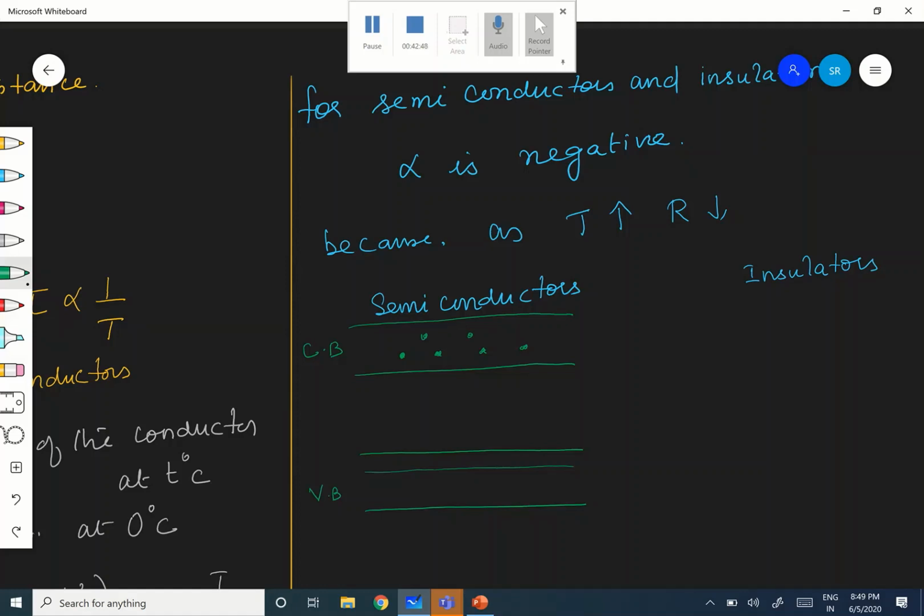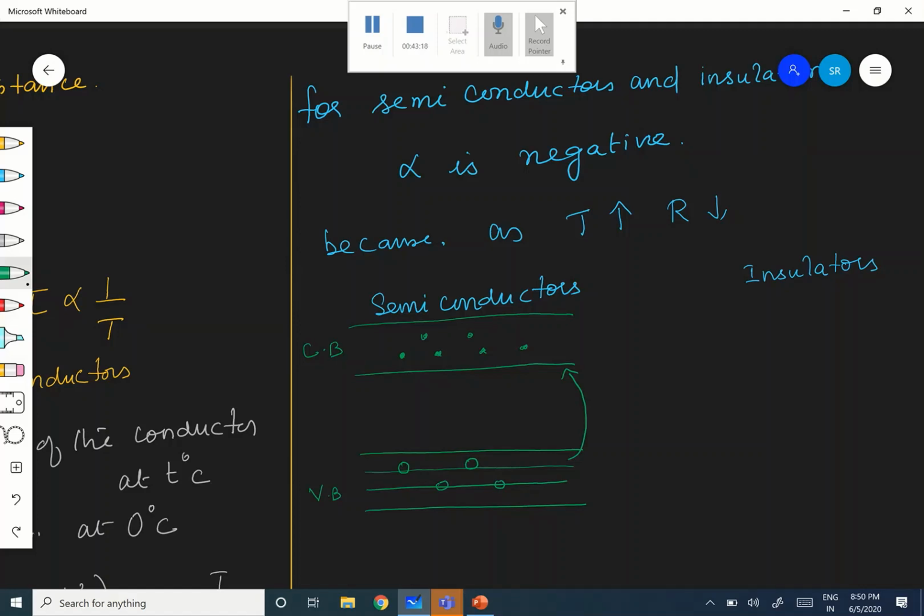The valence band is fully filled with electrons at 0 Kelvin, and the conduction band is fully empty. But at room temperature, some of the electrons will jump from the valence band to the conduction band, thereby creating some holes here.